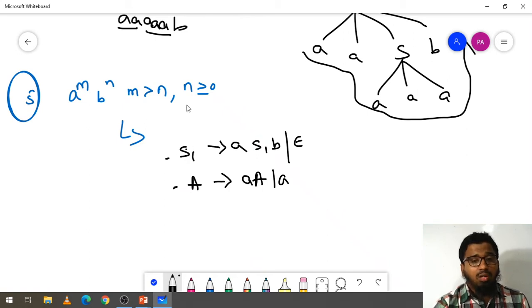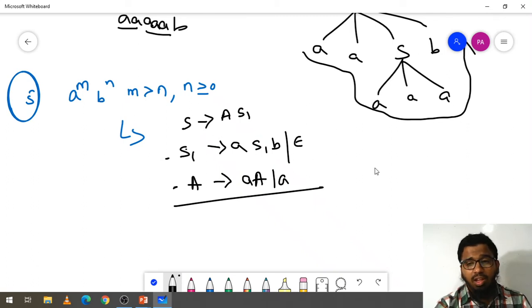Here I am concatenating, taking S. What is the first one, m? m means a, so capital A and S1, capital A, S1. These two I concatenate, and if I concatenate this, then I will get the answer. So this is a grammar for this language.